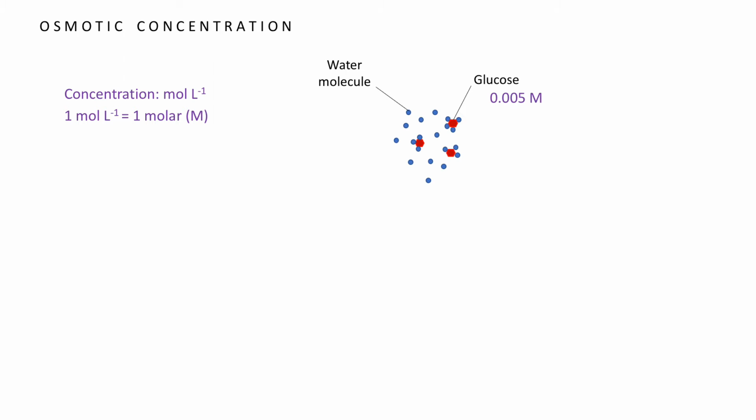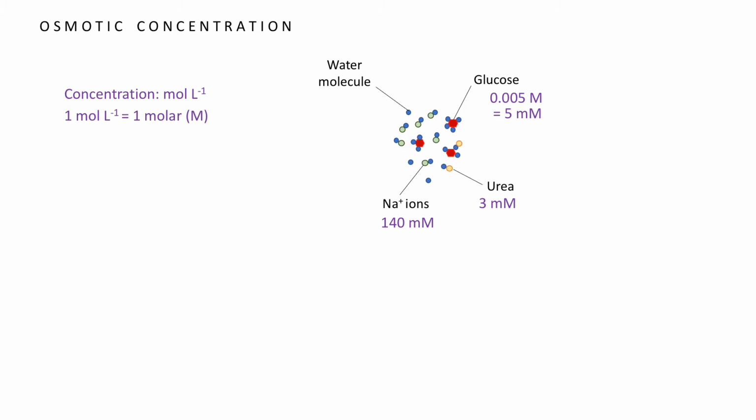We could express that as 5 millimolar, milli being 10 to the minus 3. Let's also assume that we have some other solutes in there. So here we've got some sodium ions. In our example, there are 140 millimolar. And let's say we've got some urea, 3 millimolar. So molecules all relevant to the filtrate and formation of urine.